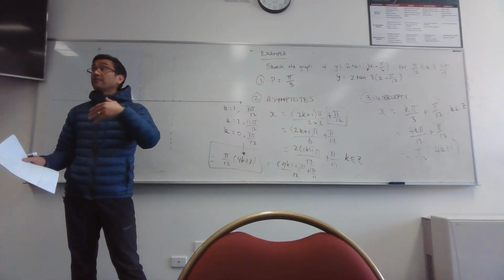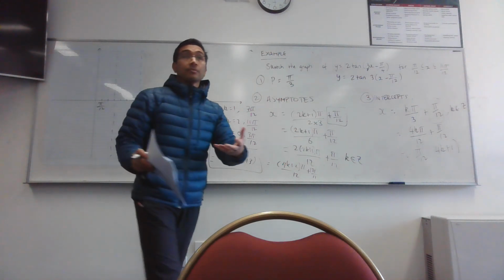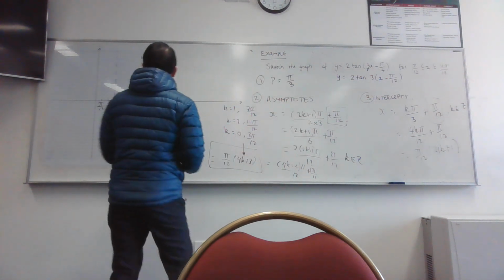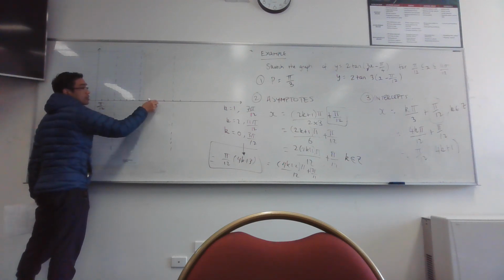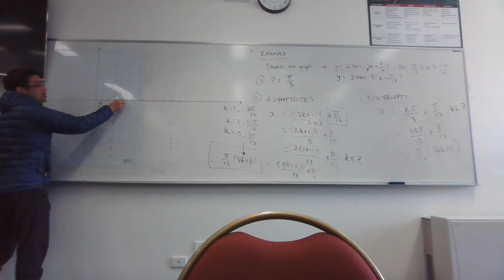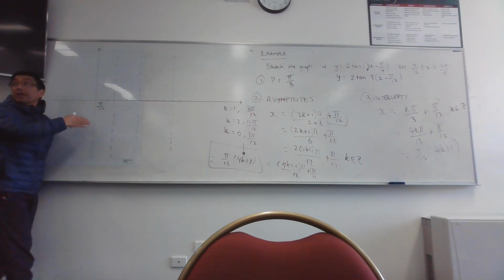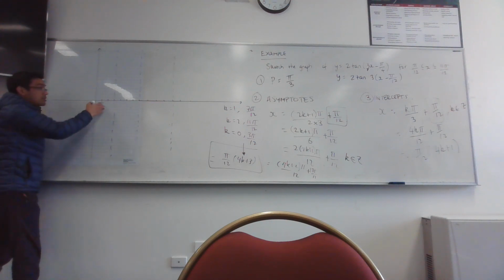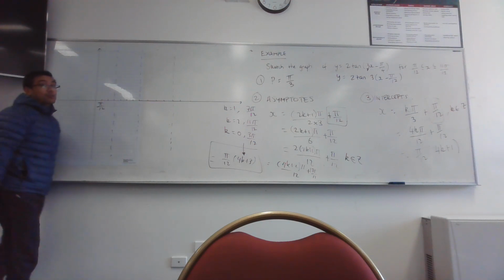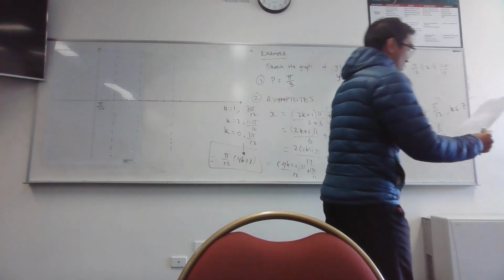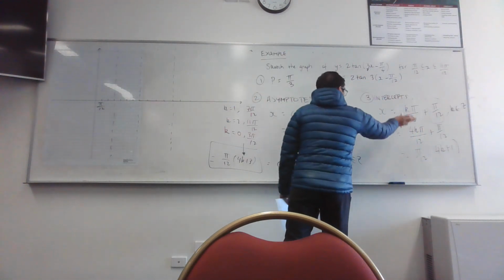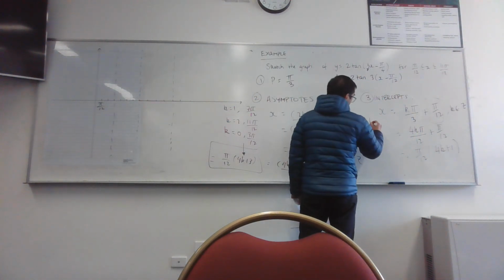You can go k equals -2 if it's required. The other way is simply looking at the gap, 1, 2, 3, 4. You just repeat the pattern until you hit your boundary from the top. Okay? All right. Let's do some counting over here.